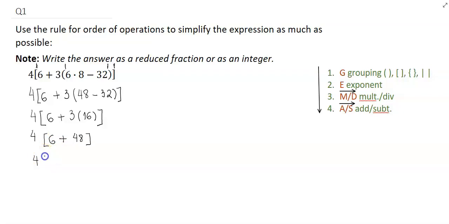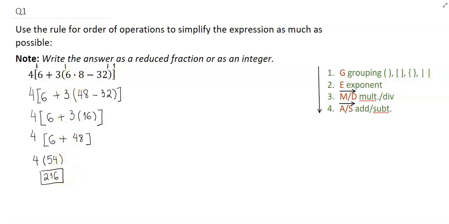Now I'm going to put 54 between parentheses to indicate that 54 has to be multiplied by 4. Now 4 times 54 is 216. So the interpretation of this numeric expression means the number 216.